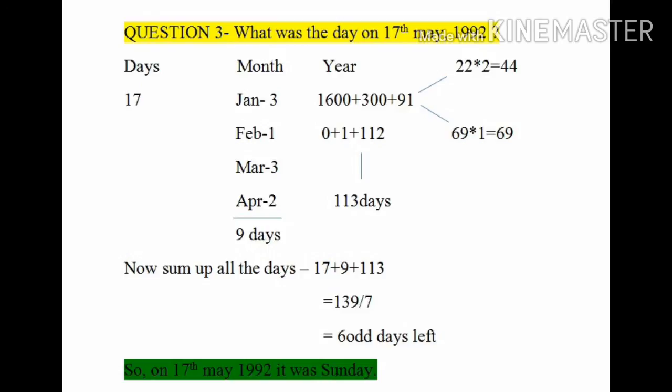By summing up all the odd days of the year section we get 113 odd days. Now sum up all the days. 17 plus 9 plus 113, which is 139. Now these 139 days are divided by 7 and we get 6 odd days left. So on 17th May 1992 it was Sunday.